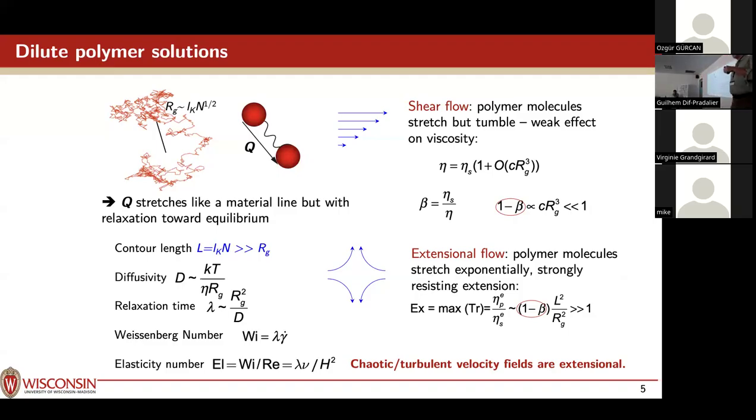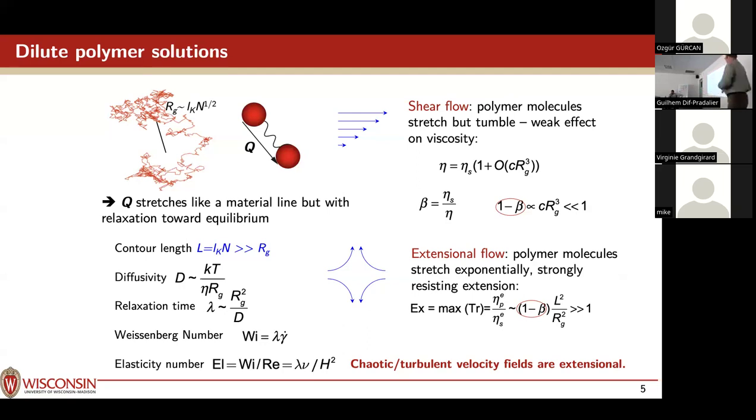Now, in an extensional flow, things are very different. In an extensional flow, the polymer molecules, the material lines, will tend to stretch exponentially fast. And so that means polymer molecules, which want to stretch like material lines, will also tend to stretch exponentially fast, and at the same time try to relax back to equilibrium. And so in extensional flows, if the Weissenberg number is sufficiently large, the polymer molecules will become very strongly stretched in that flow.